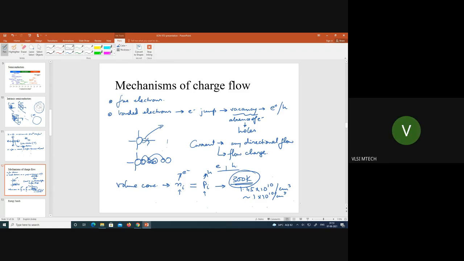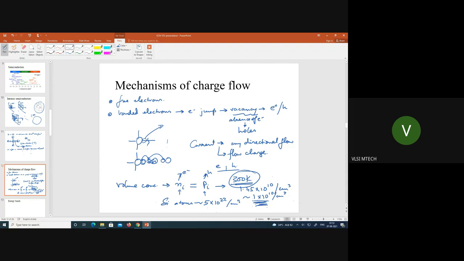And here's something interesting about this. Compare this number with the number of silicon atoms there are in the crystal. So in one of the previous slides, I said that the number of silicon atoms is of the order of 10 to the power 22, whereas the number of electrons or holes generated is of the order of 10 to the power 10, which means, first of all, this is too less compared to the number of atoms.